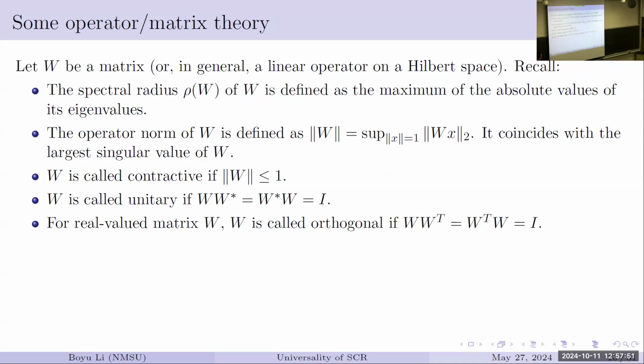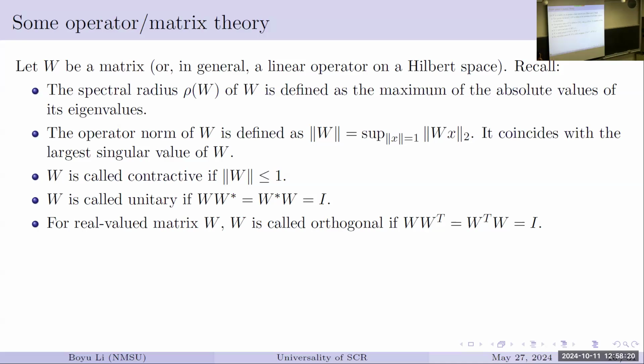Basically, you take W star W the other way around, and it's a self-adjoint matrix, or positive self-adjoint. You take its eigenvalues, and there's the largest one. You take the square root, that becomes your singular value, and you have the singular value decomposition. So the largest singular value is basically going to give you the operator norm. This is another way of doing the same thing. So this is fairly well understood in matrix analysis. There are several ways to compute them.